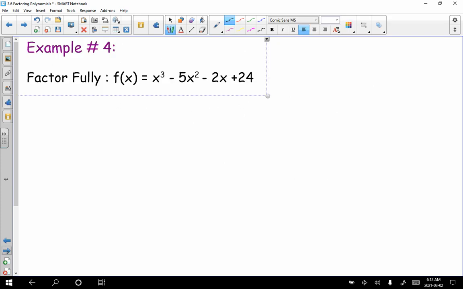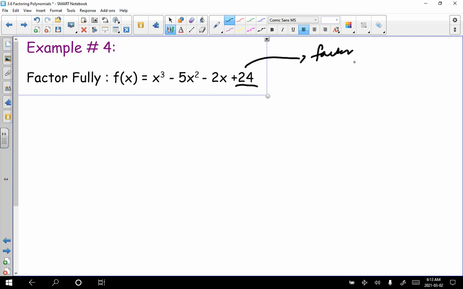Factor fully f of x equals x cubed minus 5x squared minus 2x plus 24. And then we also have a part 2 to this question where we have to sketch the graph of the function using the factor fully. So we do not know what the factors are, but we're going to look like we did in the previous question at the constant term, and find factors of 24.